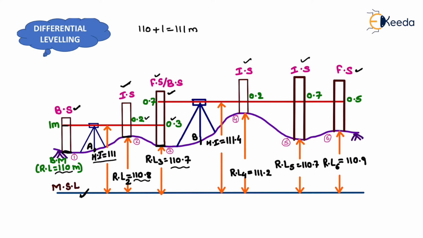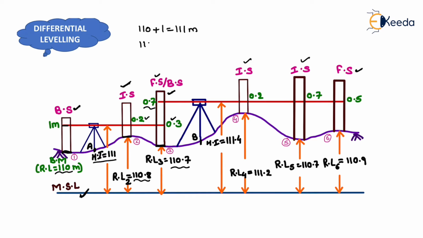Now the first reading taken from the instrument station B will be at station 3 because its RL is already known, that is 110.7 meter. So for finding the height of instrument at instrument station B, we need to add the RL of station 3 with the backside reading, that is 0.7, which is shown here.